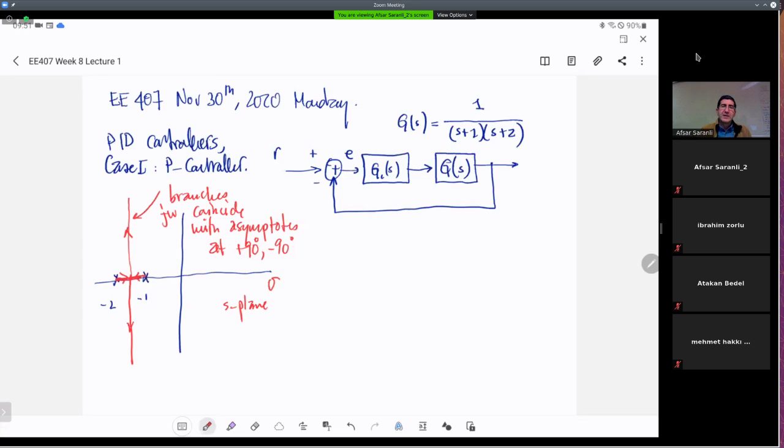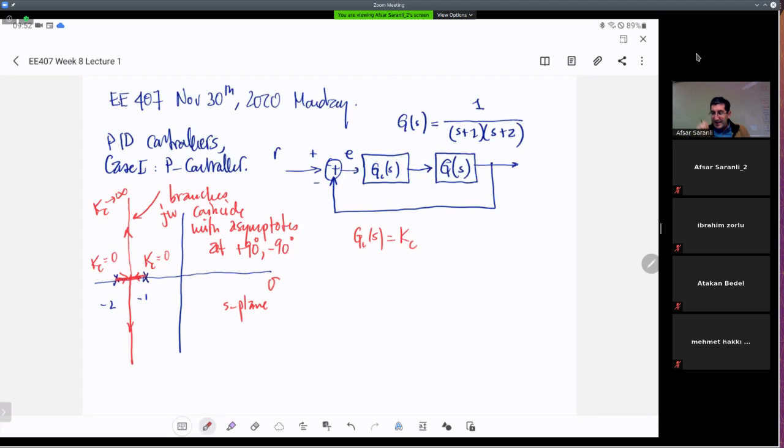So with the P controller, remember that GC of S was equal to KC, and at KC equals 0, this root locus starts here and moves on as KC is increased. It was moving towards infinity on top of the asymptotes.